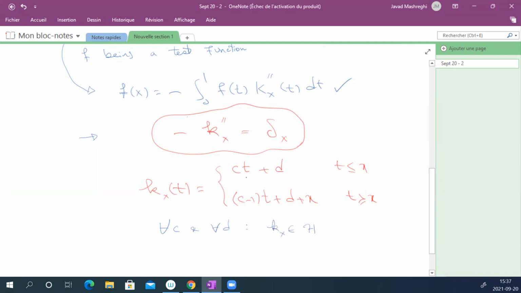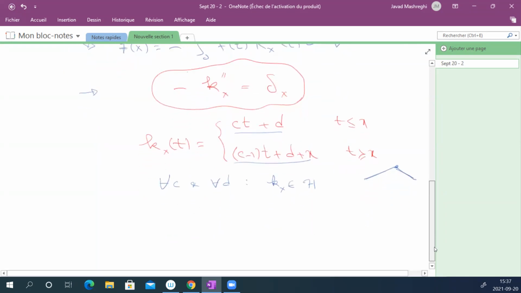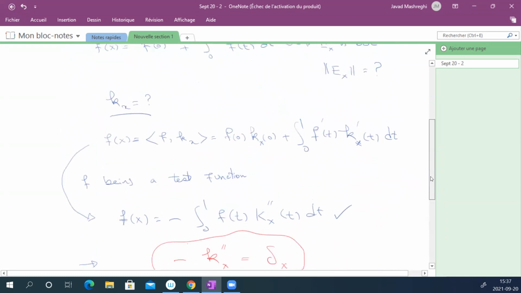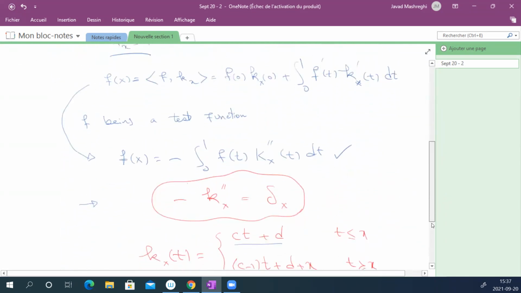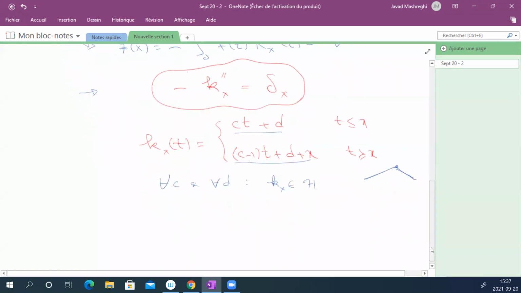Why? Because it's linear, continuous. At the junction, it is continuous. And when I take the derivative, it's just a constant here, another constant there, and it's in L2. And it satisfies the restriction we want. We want this to be in L2. This is okay. So the function we have is in H, but we want more.